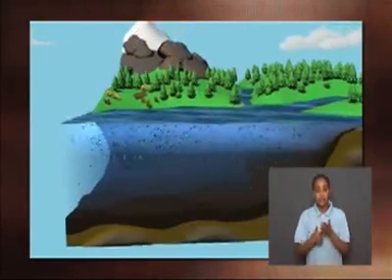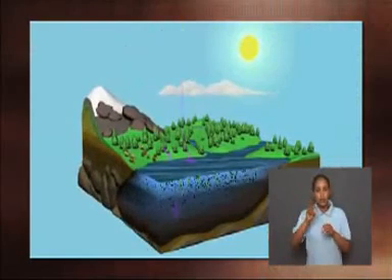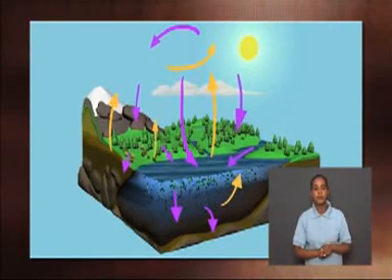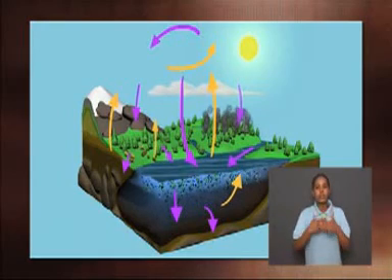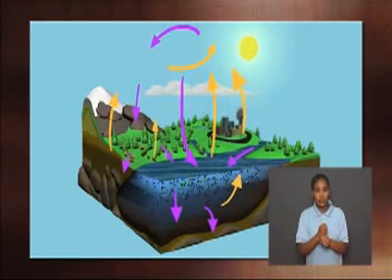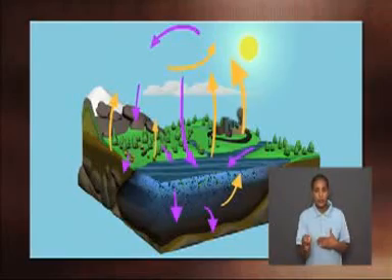This is the way in which carbon moves through organisms and the environment. We discussed these processes, including photosynthesis, respiration, and combustion. In our next lesson, we will learn about the nitrogen cycle.